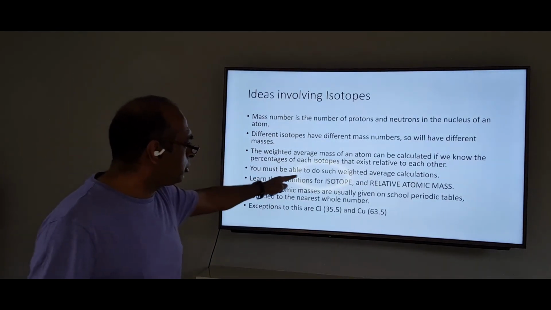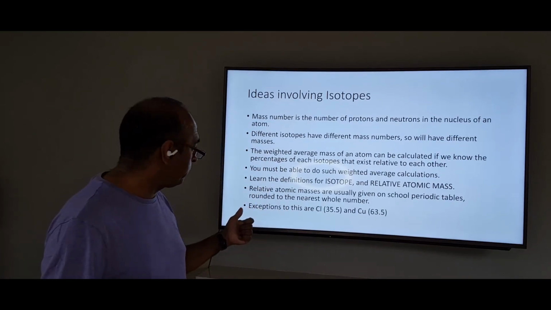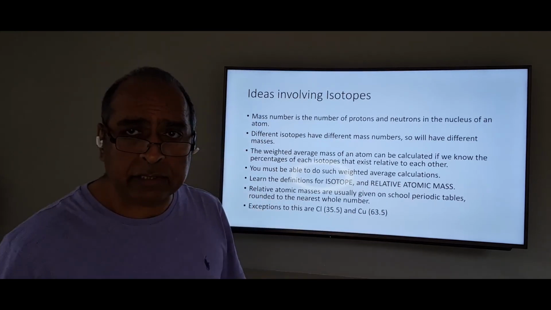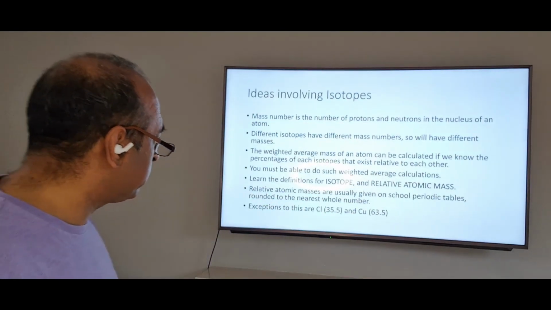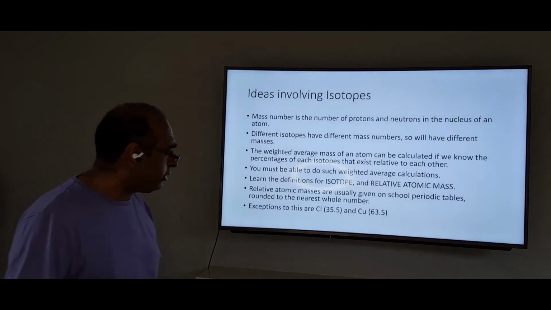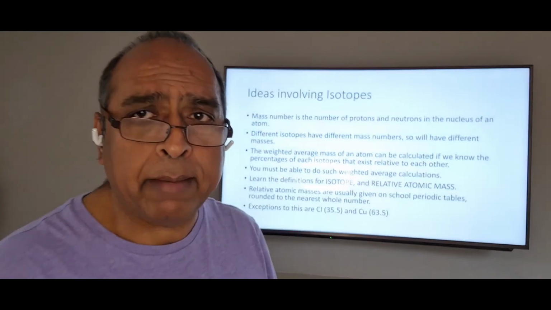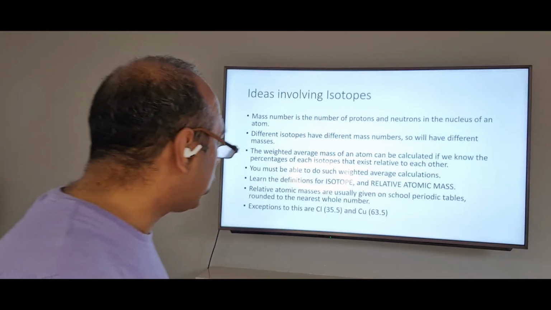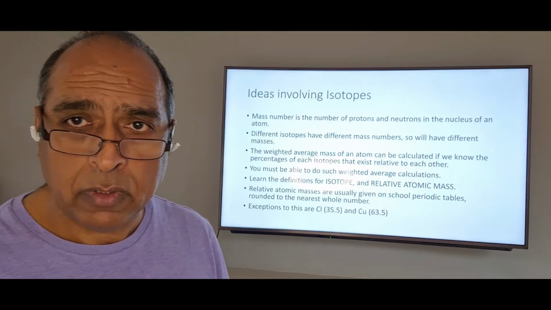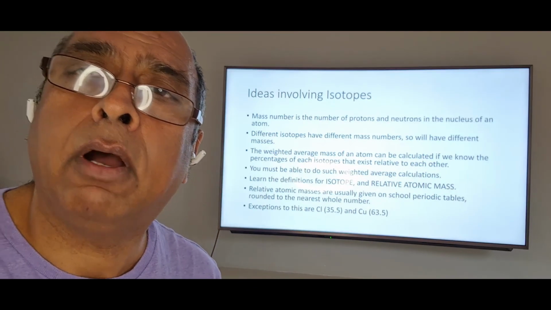You must be able to do weighted average calculations like I did for chlorine. Learn the definitions for isotope and relative atomic mass. Relative atomic masses are usually given on school periodic tables. They're rounded to the nearest whole number, except for copper and chlorine, which are exceptions. Okay, I think that's the end of that section.